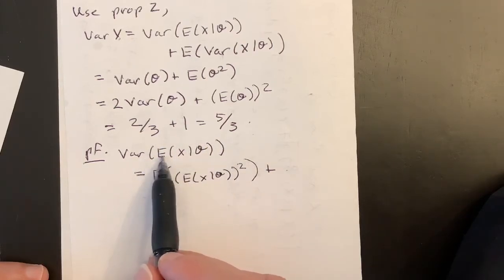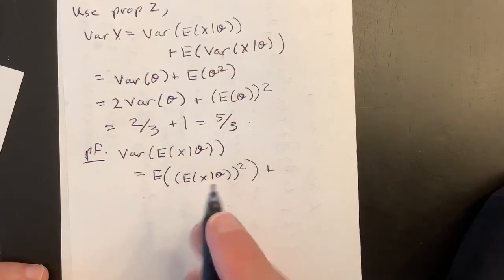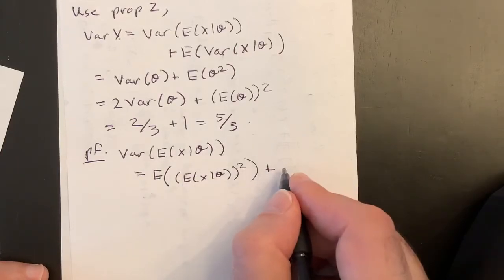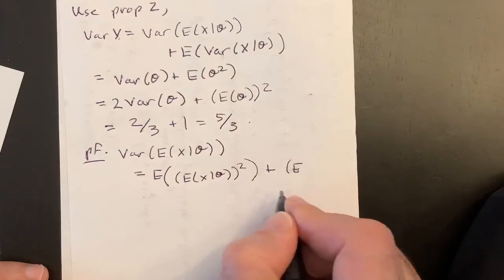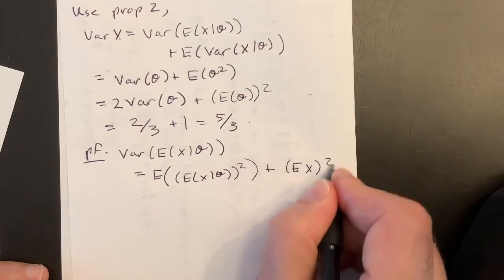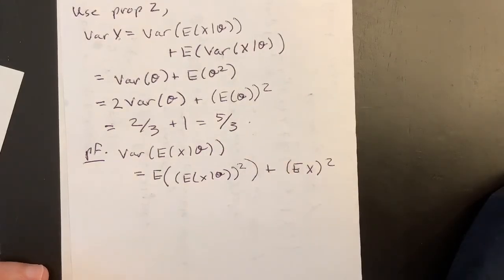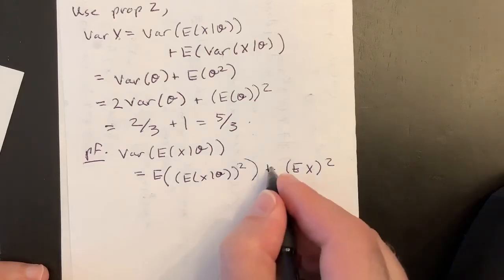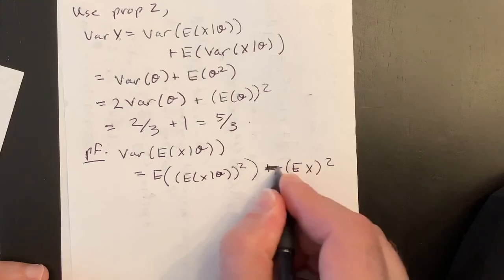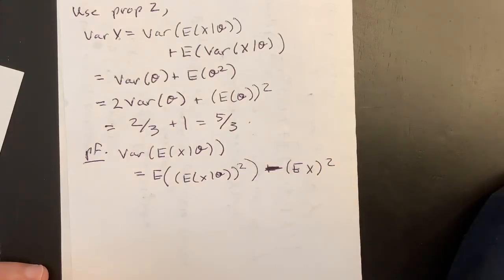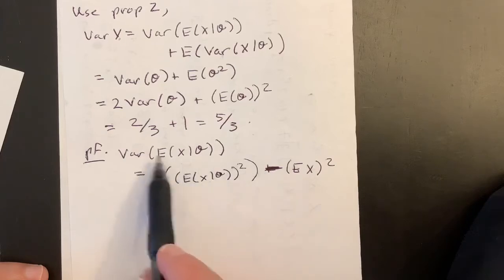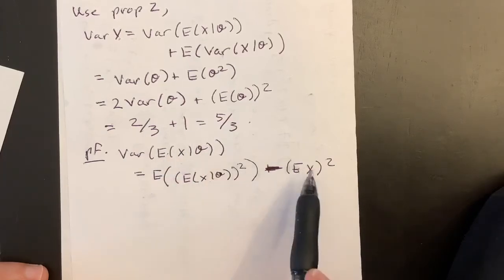But what is e of x given theta? From property 1, it's just e of x. So this is just e of x all squared.